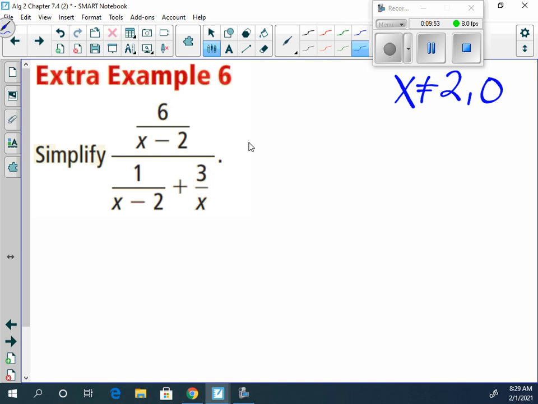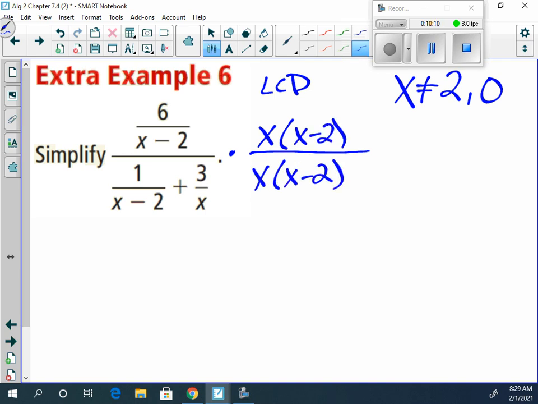Or what is the least common denominator of top and bottom? Well, x times x minus 2. That's the least common denominator, yes? So what we can do is I'm going to multiply the top and bottom of this fraction by the least common denominator. And let's see what happens.